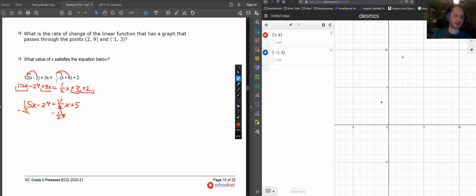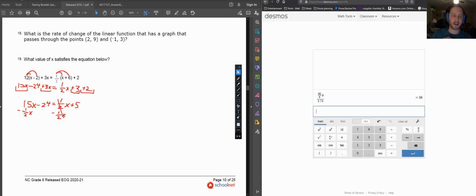So minus 1/2 x. And for those of you who are anxious about doing this with fractions in your head, please know these calculators do have a fraction button. So if you absolutely have to, you could do 15 minus 1/2. But you really should not need to do that. That would be 14.5.